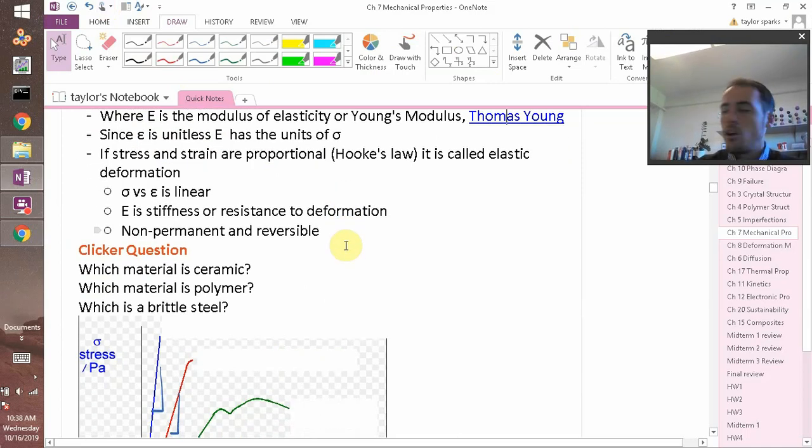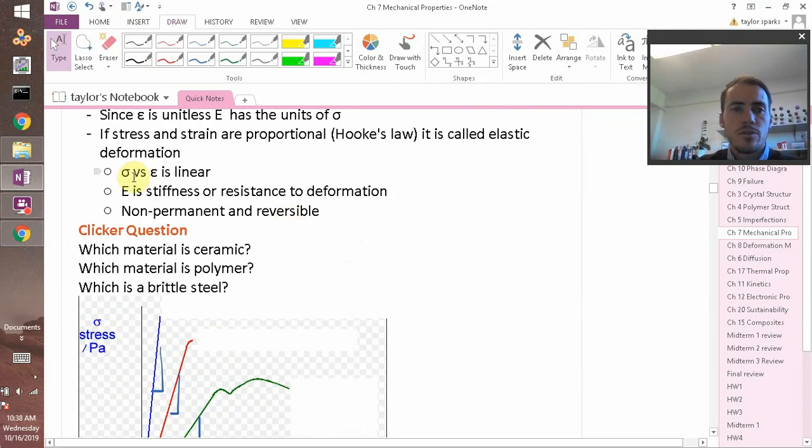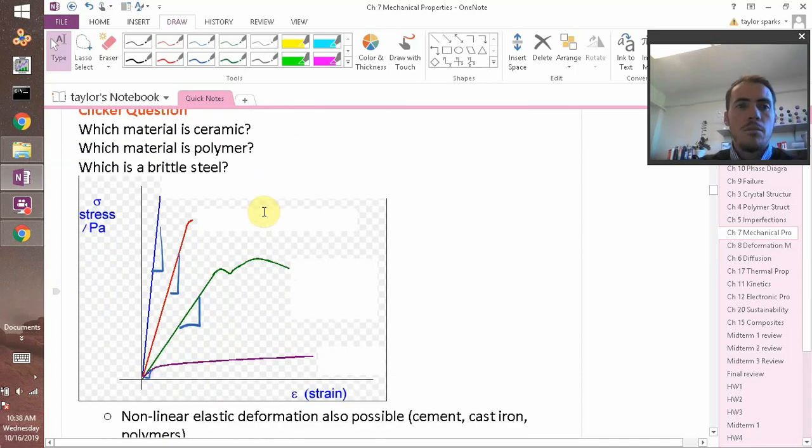And if these things are proportional, then we call this linear elastic. So stress versus strain is linear for many materials. Therefore, the modulus is the stiffness or the resistance to deformation, and it's non-permanent, or reversible. So imagine this scenario. You've got this curve, with stress on your y-axis and strain on your x-axis.